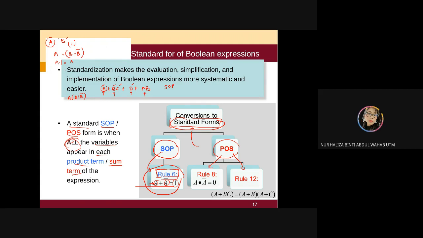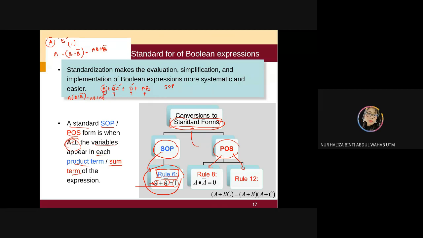So you're going to multiply your A with B plus B bar. What you will get is AB plus AB bar for this part.